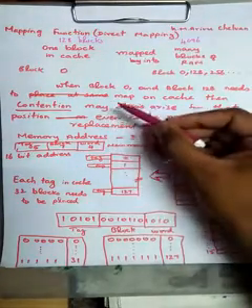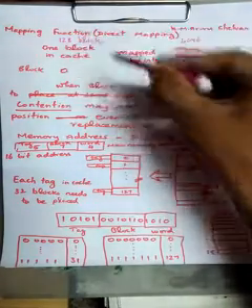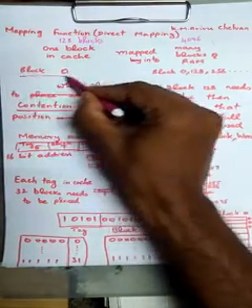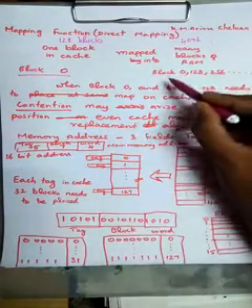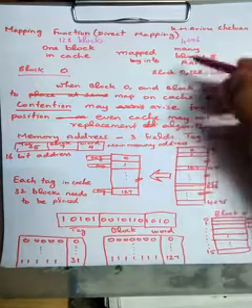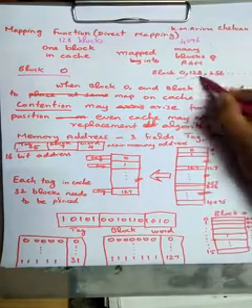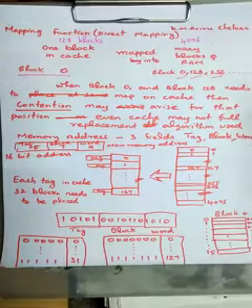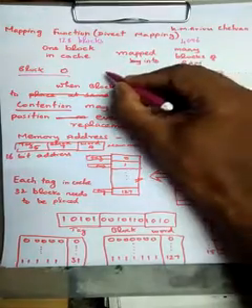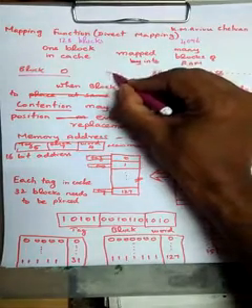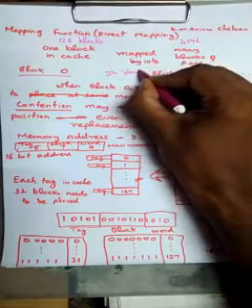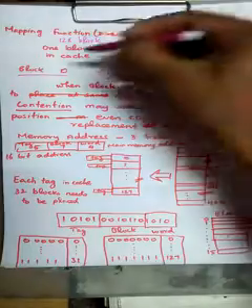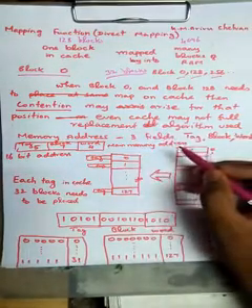For example, in block 0 of the cache we may need to store the contents of block 0, block 128, block 256 and so on. We may need to store 32 blocks of main memory in a single location of cache memory.